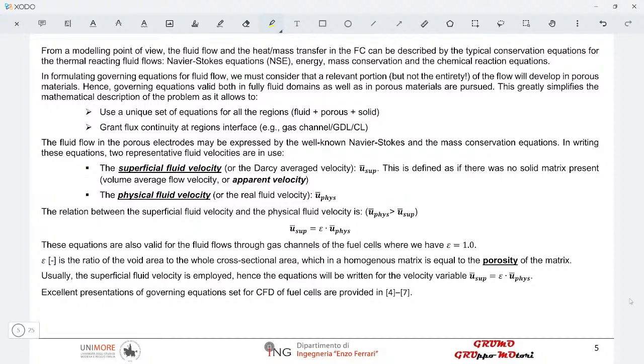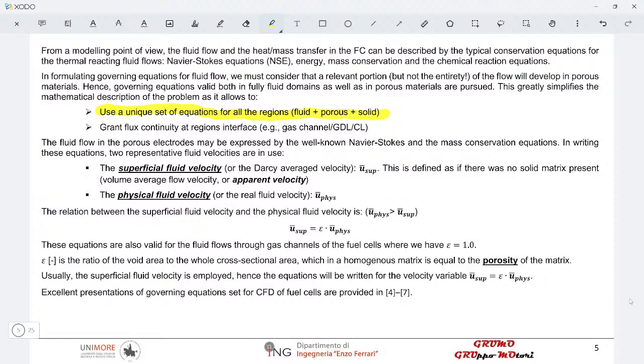So this set of equations that we will see is, as reported here, a unique set of equations for all the regions. This is a type of modeling framework that has been shared by really a lot of research groups, and it is extremely convenient. The equations that we have seen before and that we will specify now will be shared by all the domains.